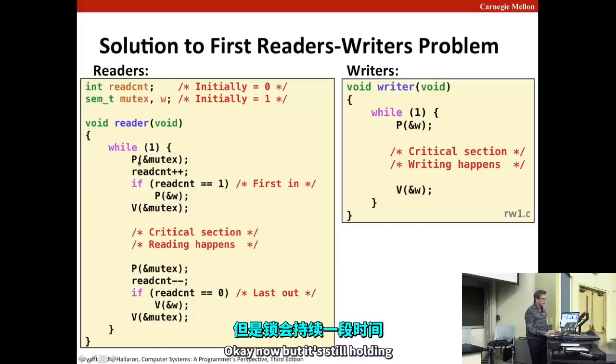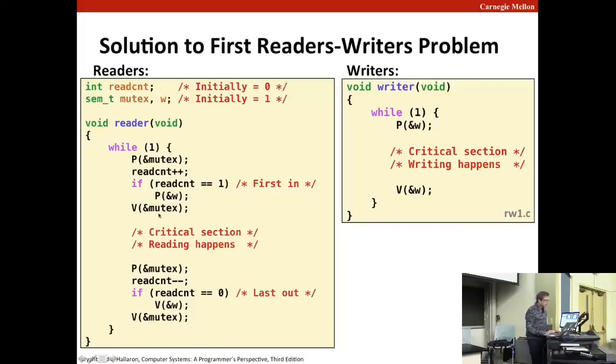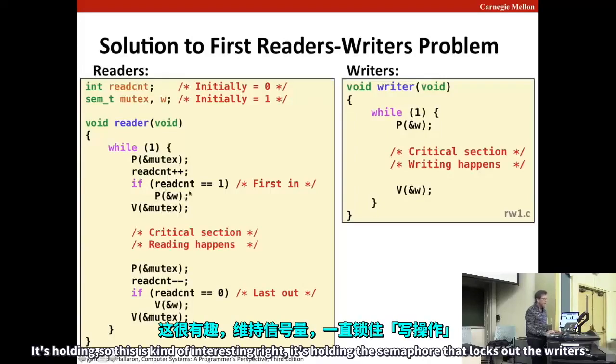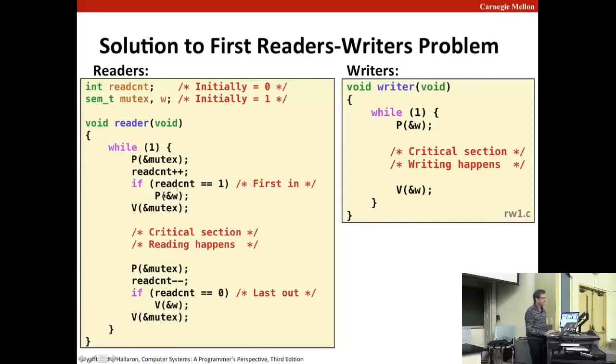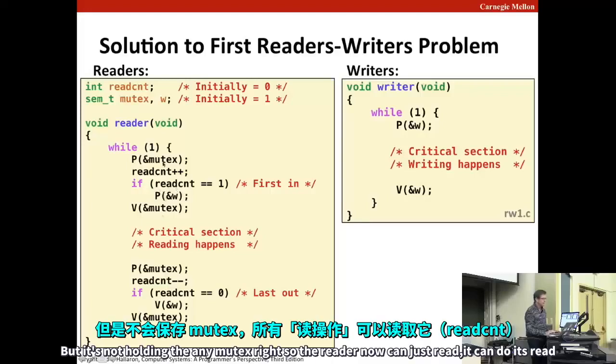But it's still holding, and this is kind of interesting, it's holding the semaphore that locks out the writers, but it's not holding any mutex. So the reader can now just read.